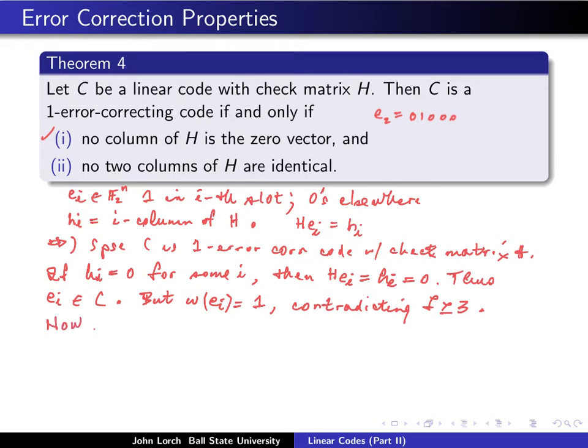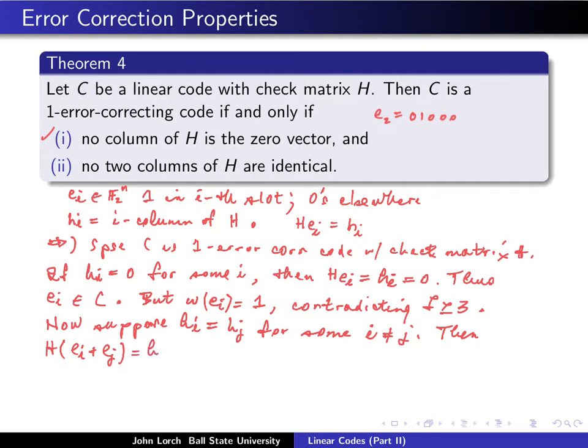So let's now suppose H sub I is equal to H sub J, for some unequal indices I and J. Then if we take capital H, our check matrix, and apply it to E sub I plus E sub J, then that will be little h sub I plus little h sub j.